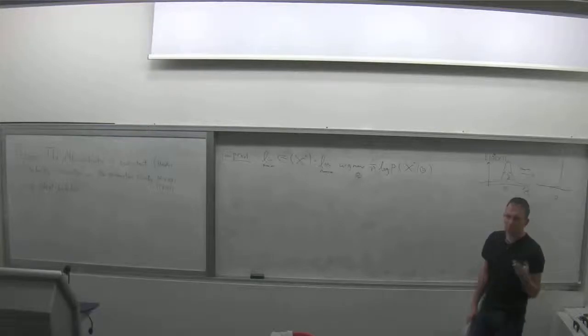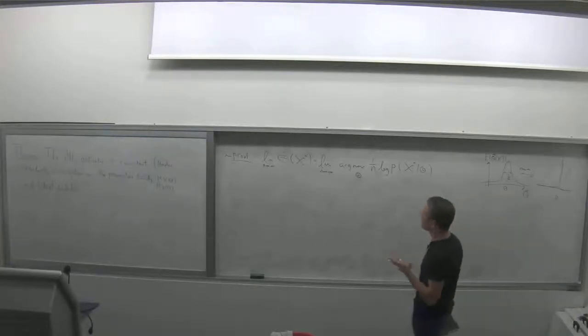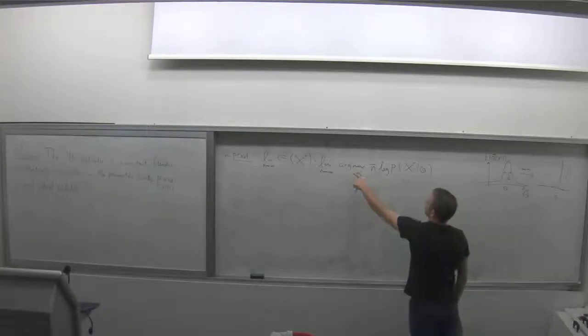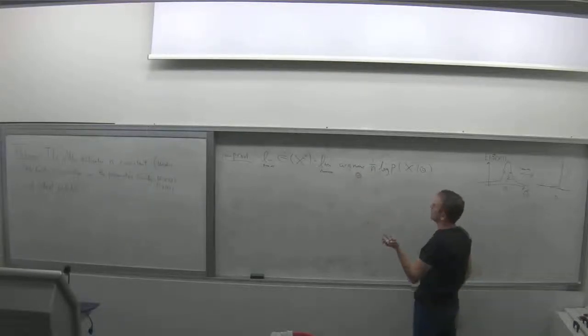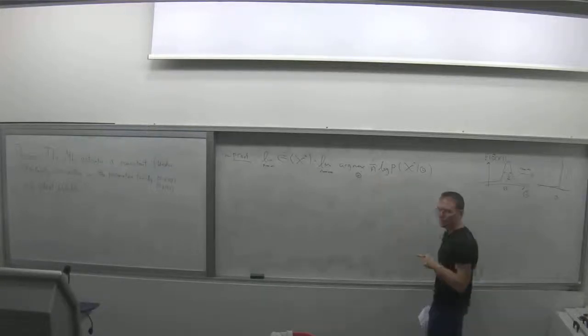Here's one potential complication: there could be multiple maxima. Let's ignore that. I'll just mention things that one should have actually taken care of, but we won't. So when I write argmax, that implies I'll take one of them. Let's just assume there's one. Why did I do 1 over n and log here for the likelihood?